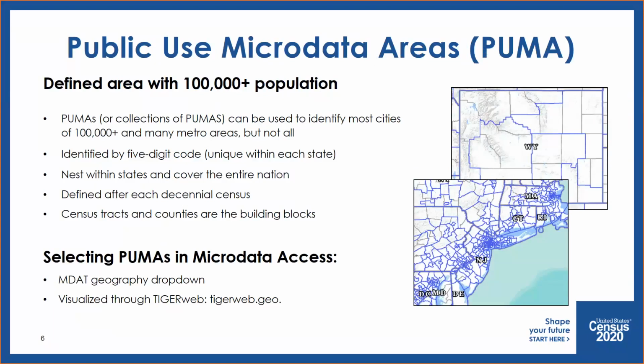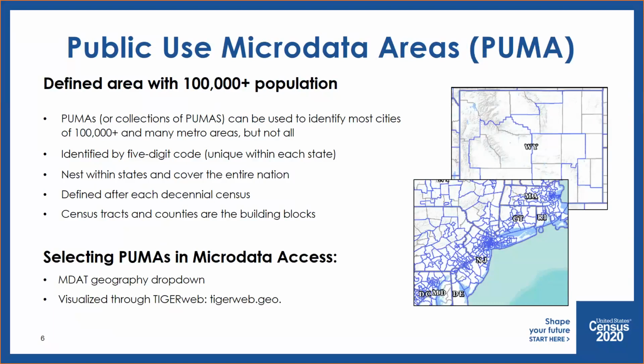I'm sure Heidi would be much better equipped to answer this than me, but this is what a PUMA is in general terms: an area defined with about 100,000 population. It's typically centered around metro areas and cities, and that's kind of how it's defined.